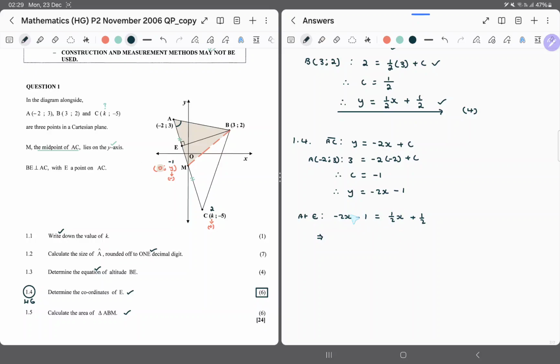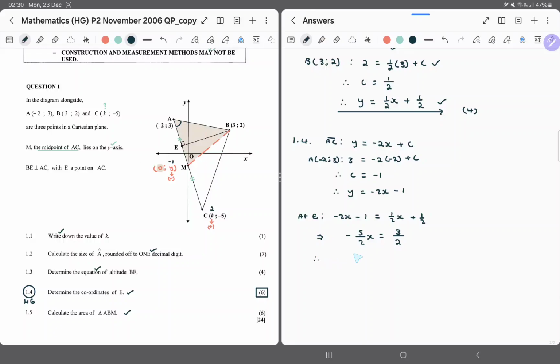Now we collect like terms. We bring the half in here. So minus 2 minus another half is minus 2 and a half, which is basically minus 5 over 2 x equals, we bring in 1, so 1 plus a half is 1.5, which is 3 over 2.